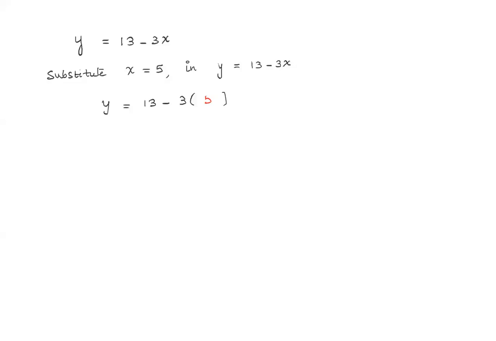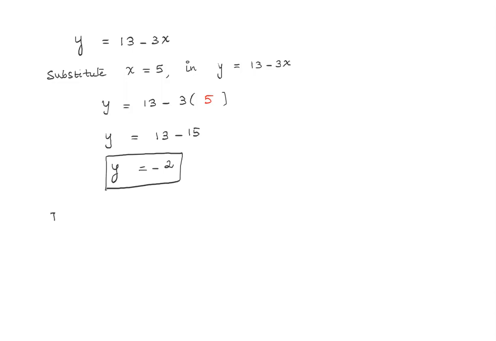Now we have y is 13 minus 3x. So substitute x equals 5 here. So that's going to be y equals 13 minus 3 times 5. So 13 minus 15, y is negative 2.